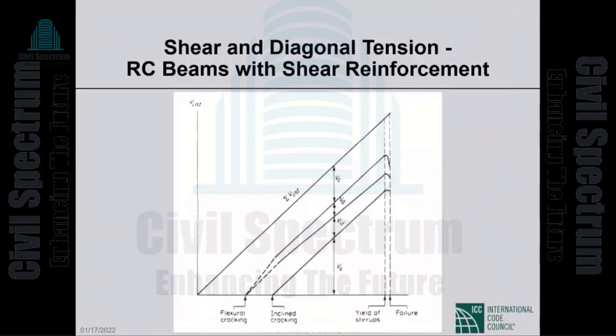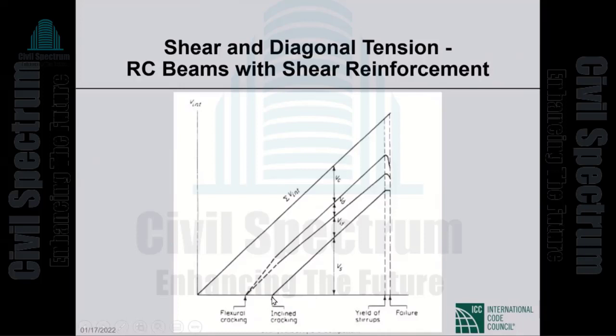Now we are showing the contribution of the various components to shear resistance. This is shear resisted by the compression concrete, shear resisted by dowel action, shear resisted by aggregate interlock, and this is shear resisted by the stirrups.